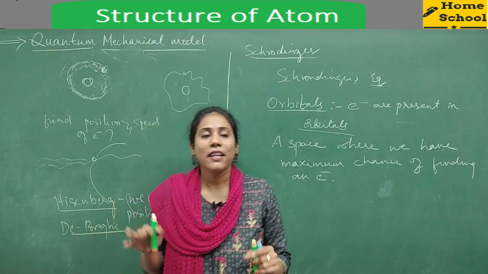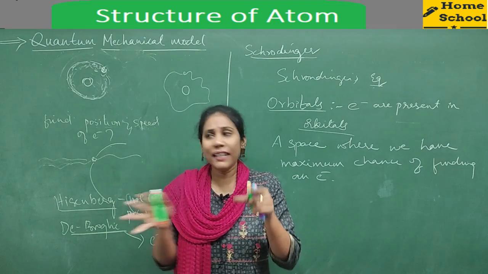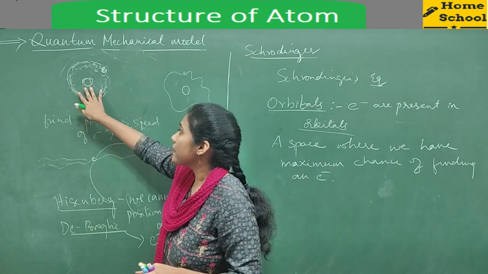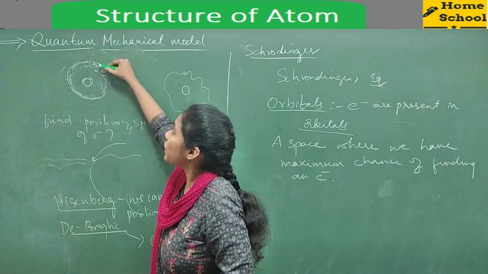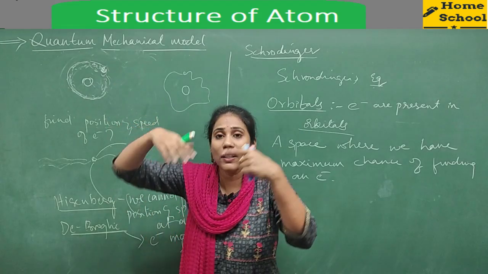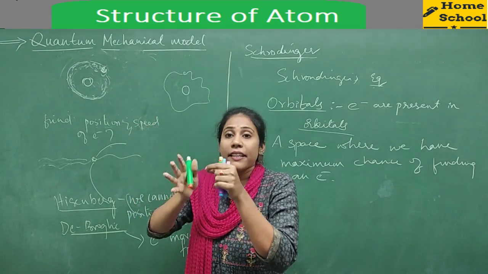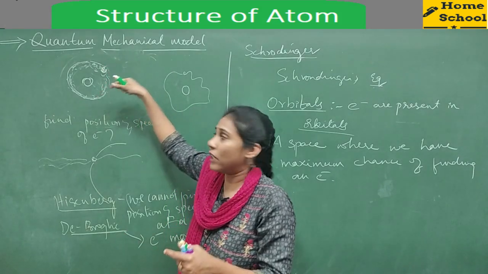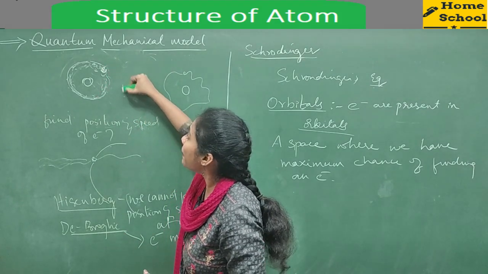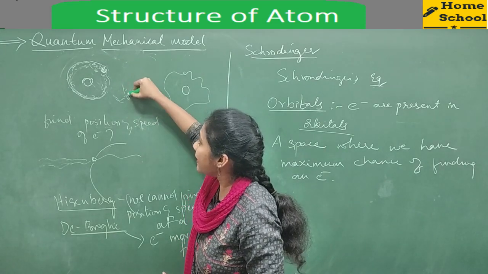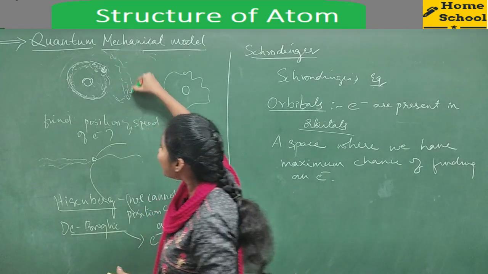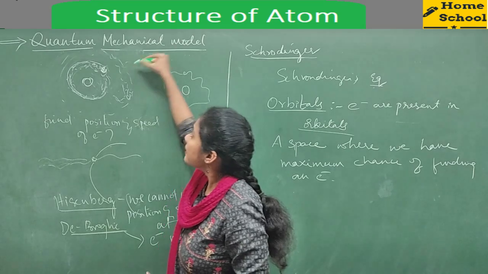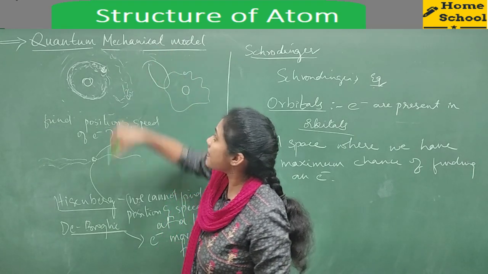Clear? That means you will have so many electrons around the nucleus, right? Each electron will occupy a particular space. This space may not be occupied by some other electron. The other electron may occupy this space. The second electron may occupy this space around the nucleus. The third electron may occupy this space.